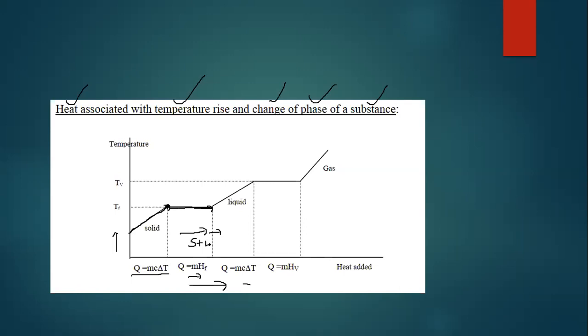Here we only have solid, but when the temperature remains constant for fusion to take place, for melting to take place, some solid will start melting. So what was solid will start turning into liquid. Temperature will be the same until all the solid turns to liquid.